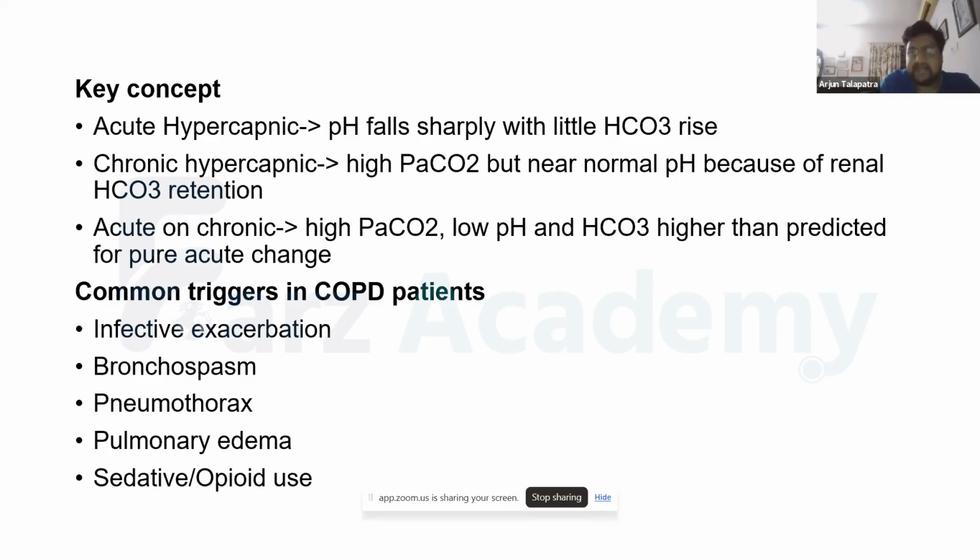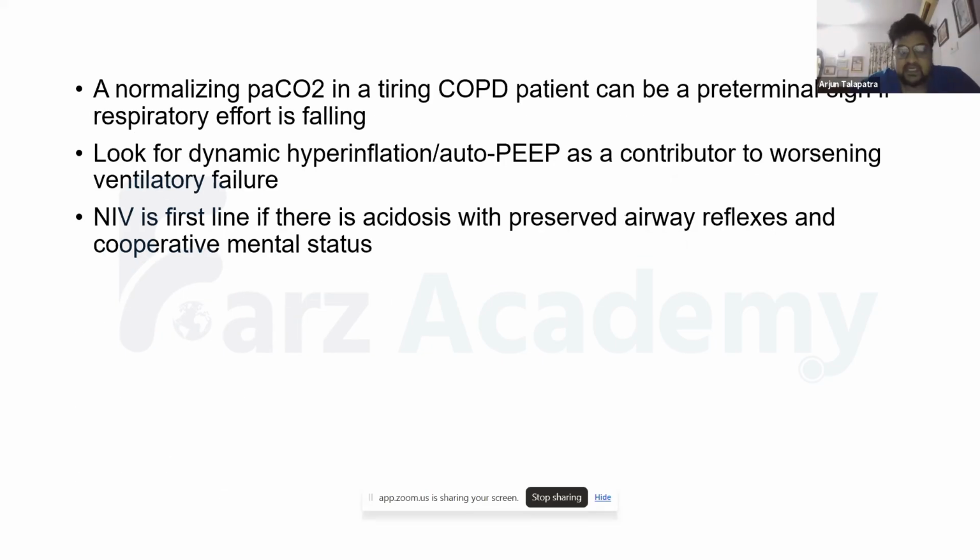So what are your common triggers in COPD patients? In people who have pre-existing hypercapnia, what throws them into an acute on chronic respiratory acidosis? The most common is obviously an infective exacerbation, bronchospasm, pneumothorax, pulmonary edema, certain drugs, right? These could be the common triggers in COPD patients. A normalizing PaCO2 in a tiring COPD patient can also be seen as a pre-terminal sign, basically meaning that the patient is tiring out.